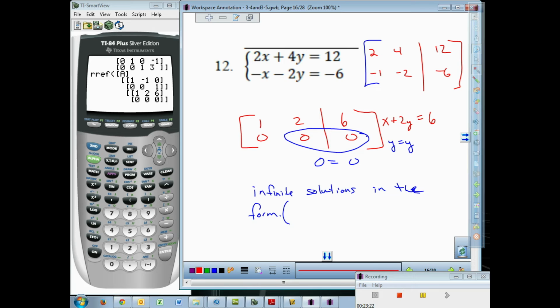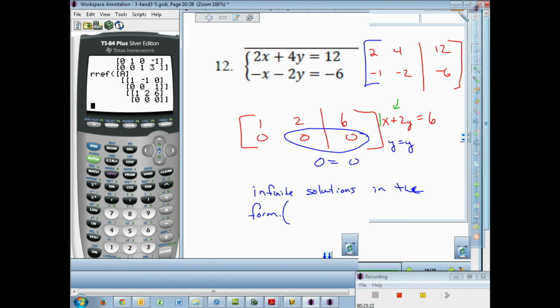So remember, we've got to solve this for one of the variables. You can, if you want to. Most people are comfortable solving for y. Which one's got a coefficient of 1? Doesn't x have a coefficient of 1? So let me make this bigger so we can see what we're doing.